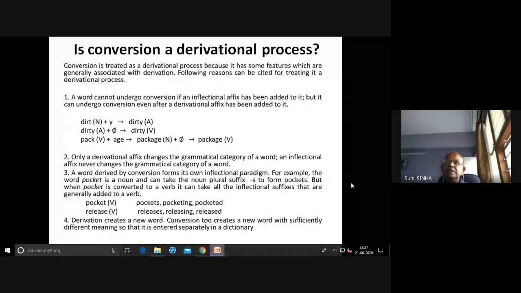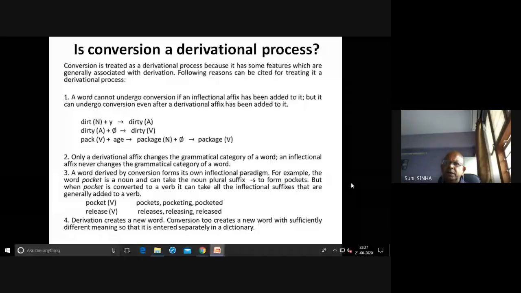Like manage, we add er to it, we get manager. Or manage, we add ment to it, and we get management. Or take any other word and you add a suffix or prefix, like obey. Add a prefix dis to it and you get disobey. This is a derivational process, right?